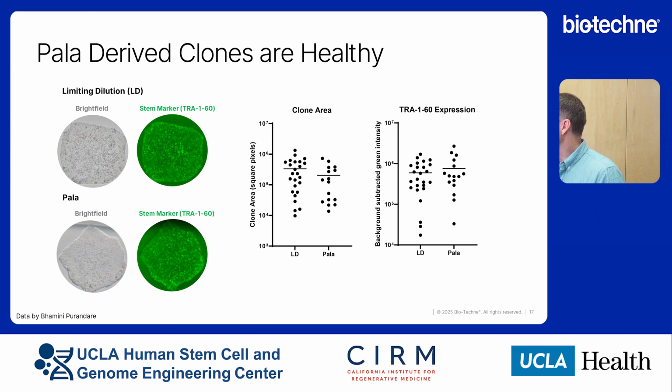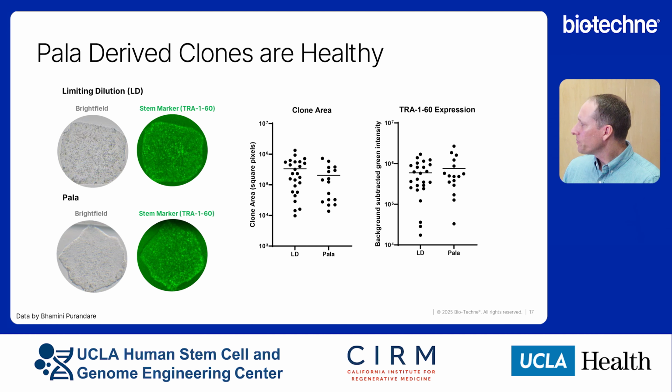This was an experiment we did comparing the health of the PALA to limiting dilution acquired clones. So if you imagine, limiting dilution is probably the gentlest method that you could use for dispensing a cell into a plate, and the PALA is this automated tool. So we wanted to look, is the PALA inducing any additional cell stress or strain on the cells?